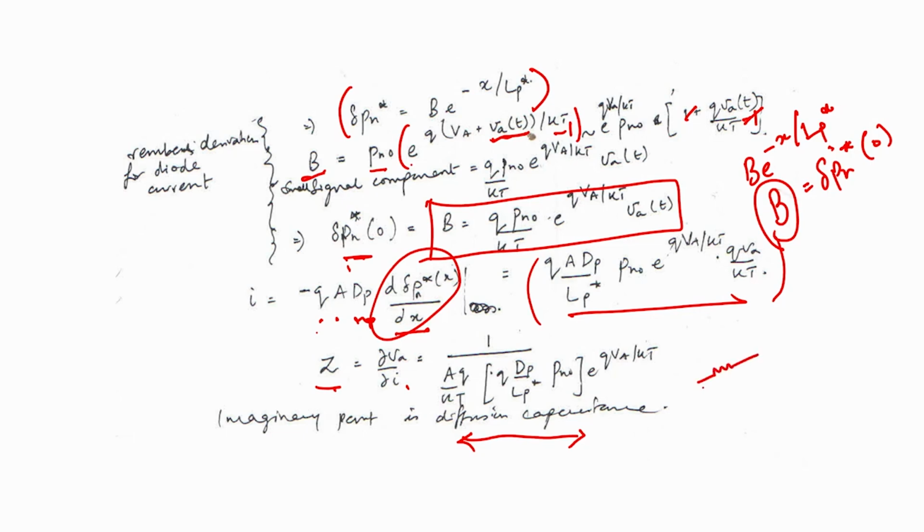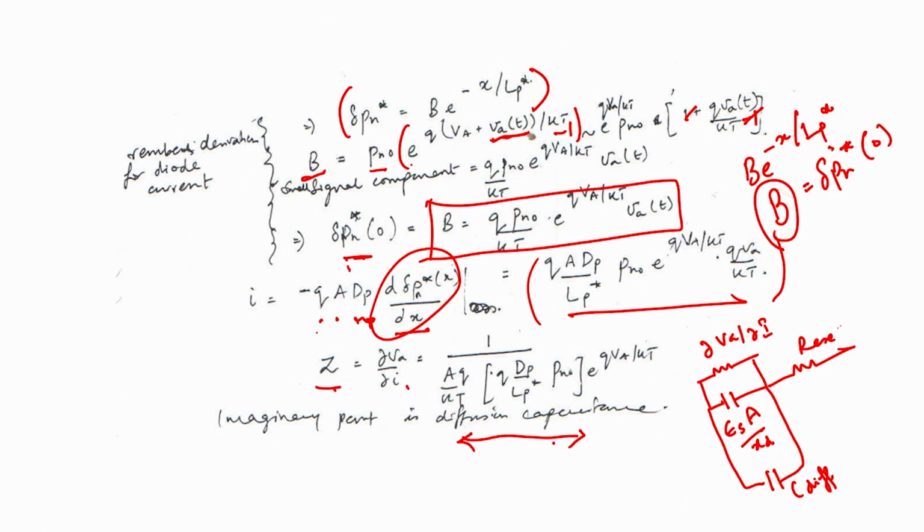It has got its own small signal resistance, okay, that is dou VA by dou I. It has got its depletion capacitance, which is say epsilon s A by XD, and then it has got its diffusion capacitance, which is defined by this analysis here, and it has got a series resistance, which is important because of the large currents and therefore more significant voltage drops. It is not advisable to ignore the series resistance, because the doping profile is not defined, the metal semiconductor junction is not defined, etc., etc. So, this is the equivalent circuit of the PN junction in forward bias.